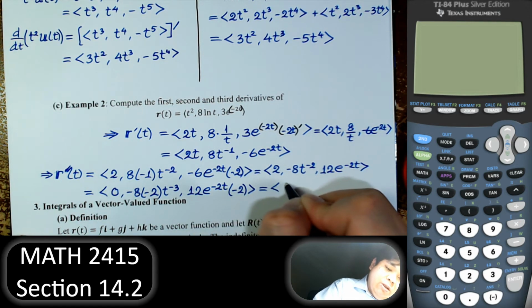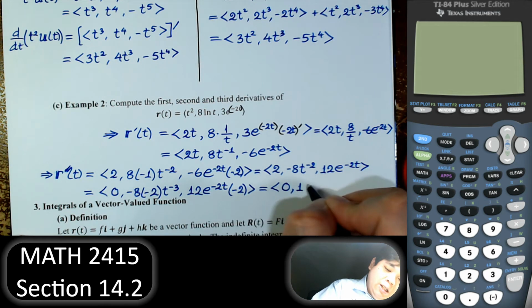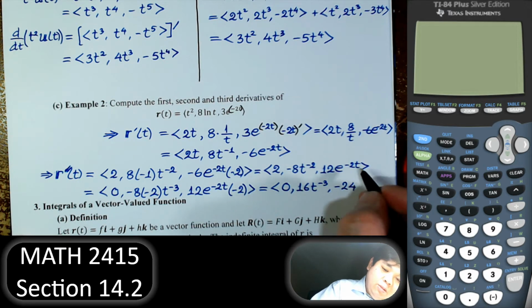Right, so we have 0, 16 t to the negative 3, and negative 24 e to the negative 2t.